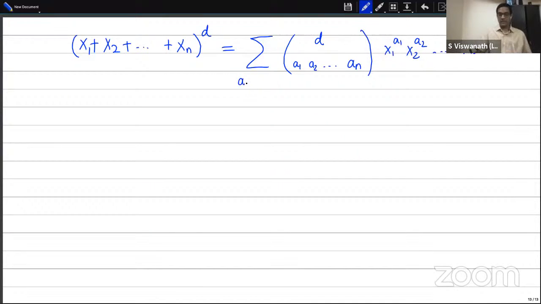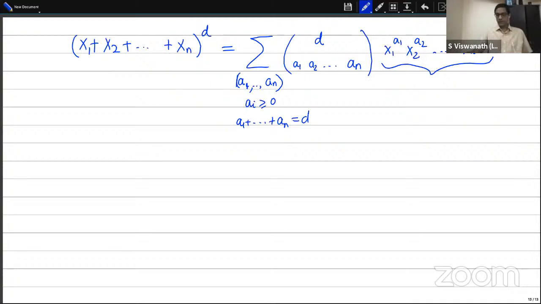Where the ai's are all possible ordered n-tuples a1, a2, ..., an. The ai's can be greater than or equal to 0, but the sum of the ai's is the power d that I have. Recall, this is exactly the multinomial situation we talked about. If you have n variables, you take their sum and raise it to some power, it will expand out, the coefficients will be multinomial coefficients, and all the terms that you get will be monomials of degree d.